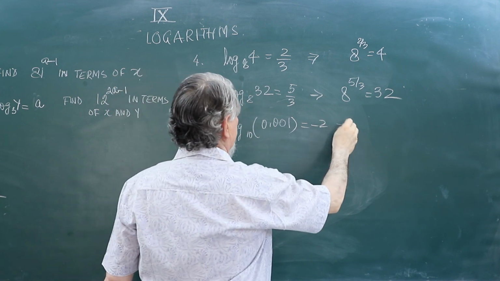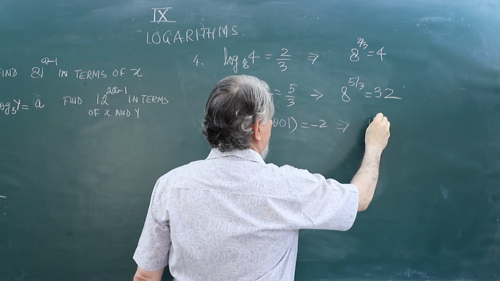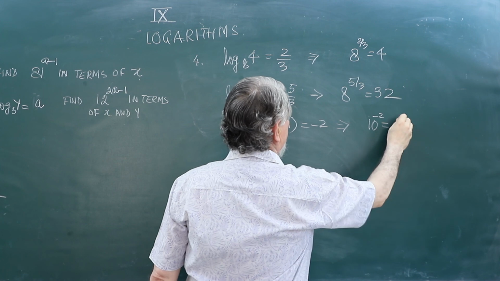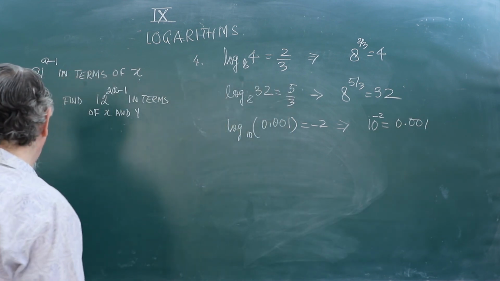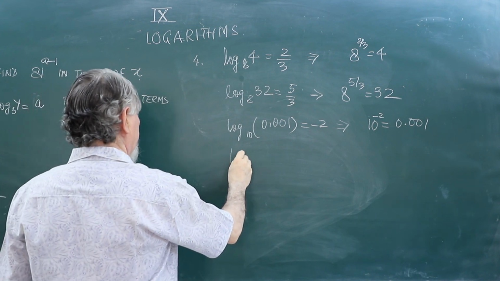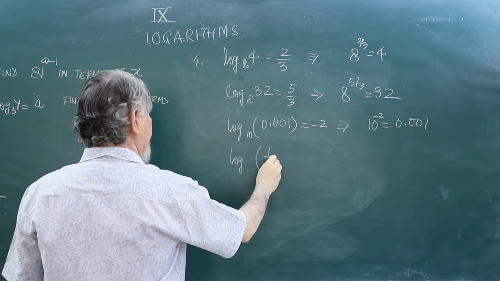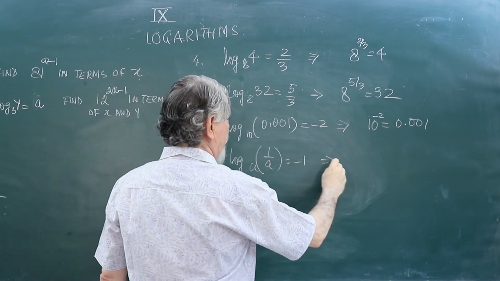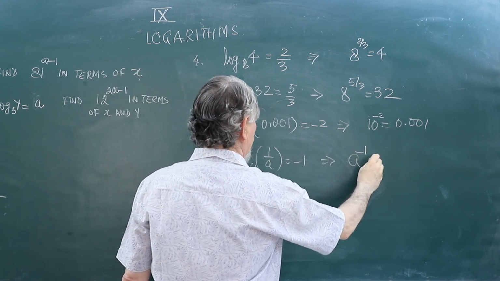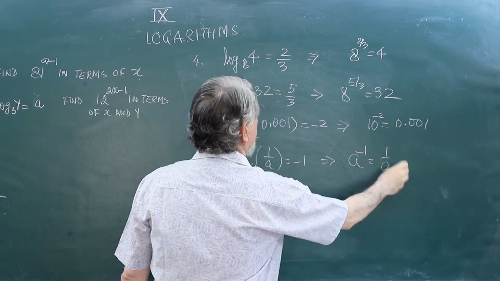So it will be 10 to the power minus 3 is equal to 0.001. And log 1 upon a to the base a is equal to minus 1 will imply a to the power minus 1 is equal to 1 upon a.